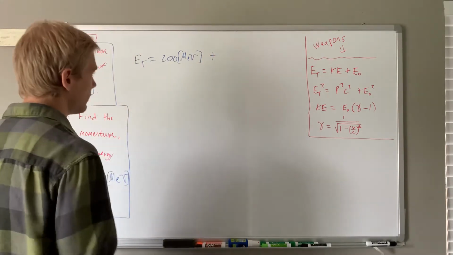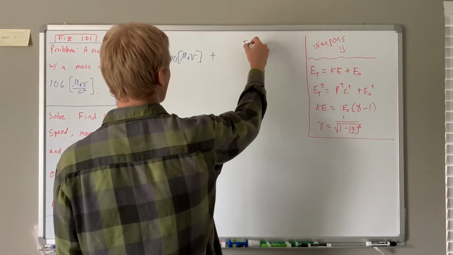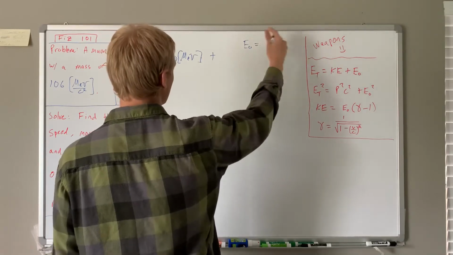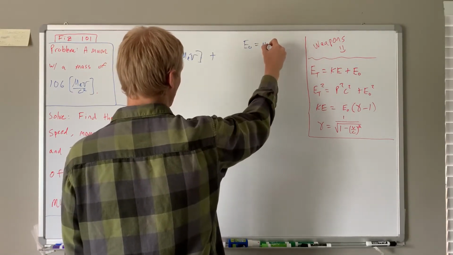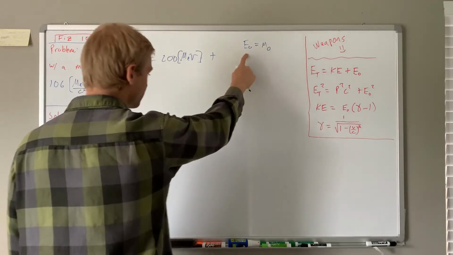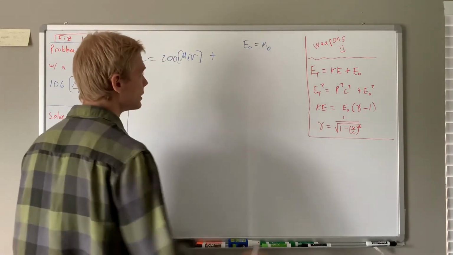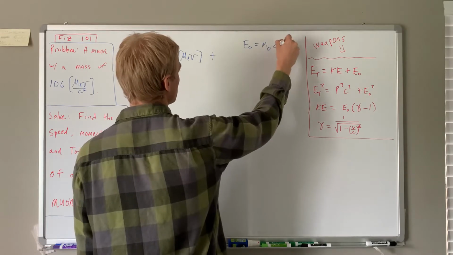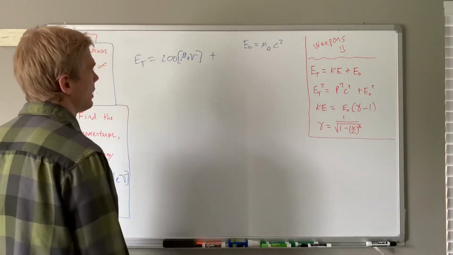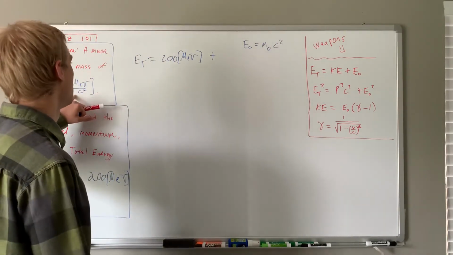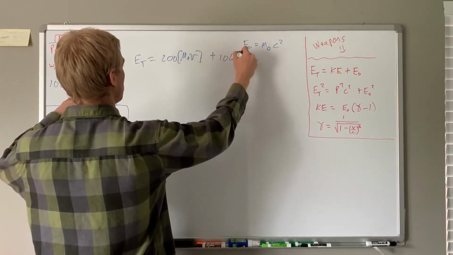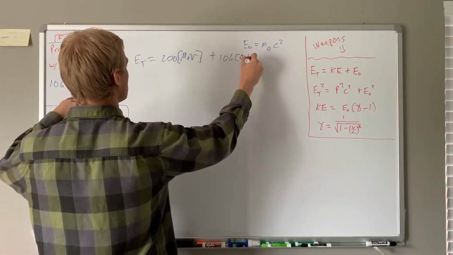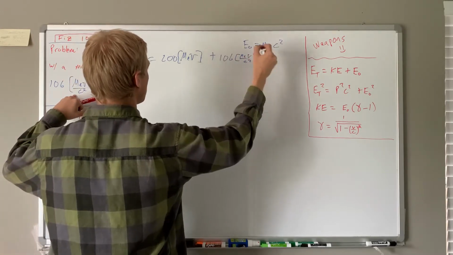The rest mass of a particle that's moving relativistically is related to its rest energy, the rest mass times the speed of light squared. In this case, the rest mass is 106 megaelectron volts per c squared times c squared.